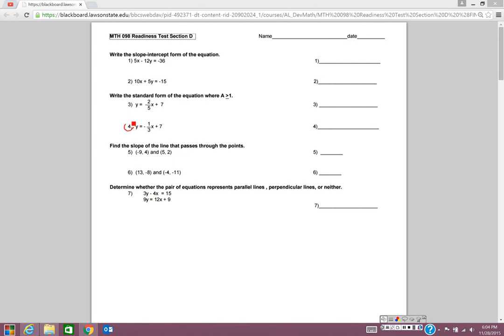Again, what did I recommend you to do first? You should get rid of those fractions by multiplying by what? Multiply by the LCD. In this case, it is 3. So we're going to multiply 3 times both sides. If we multiply 3 times y, we get simply 3y. But if we multiply 3 times negative 1/3, notice that the 3's you can cancel, and you have negative x left, or negative 1x.